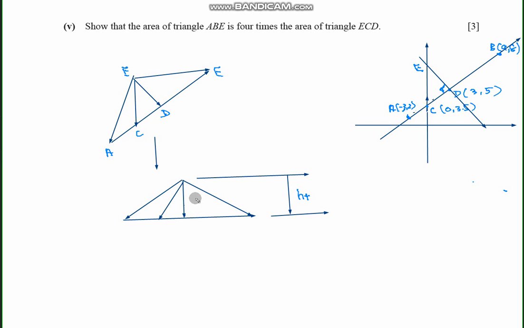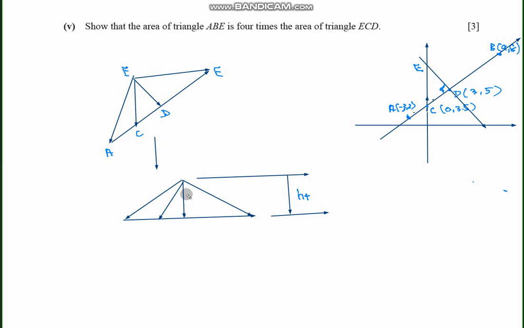To calculate the area, the ratio of the areas is very simple. Half height times base for the small triangle. For the big triangle, it is half height times this length, the base. If you want to prove it is 4 times, you need to prove this length is only 1/4 of this whole length.